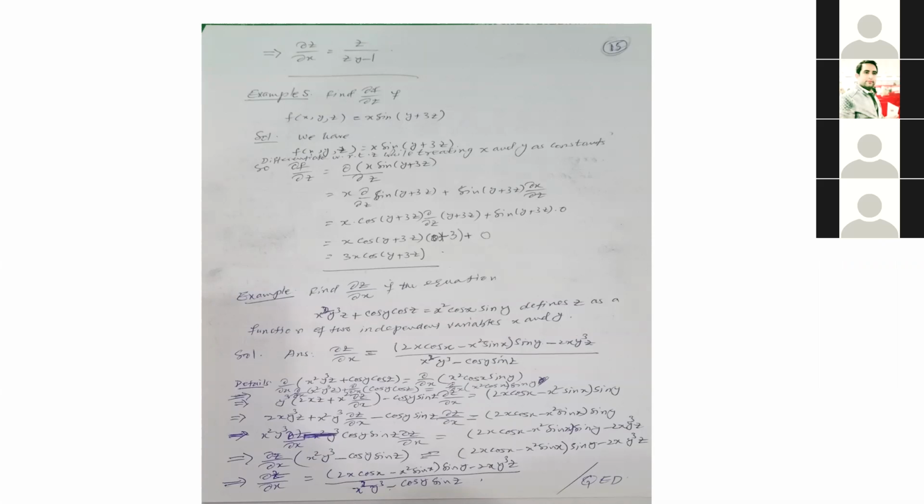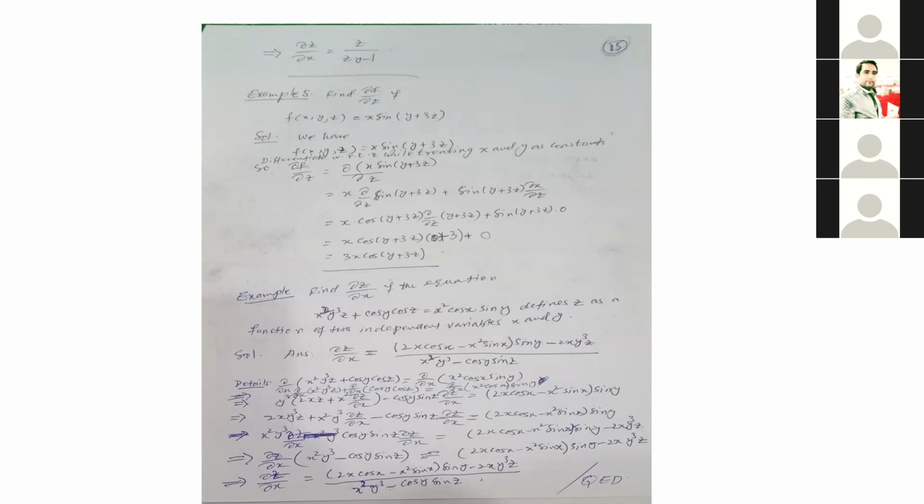And we have 3x cos of y plus 3z. So this was one example of a function in 3 variables, and we differentiated it with respect to z. You can also differentiate this function with respect to x and y as well, getting a different answer.